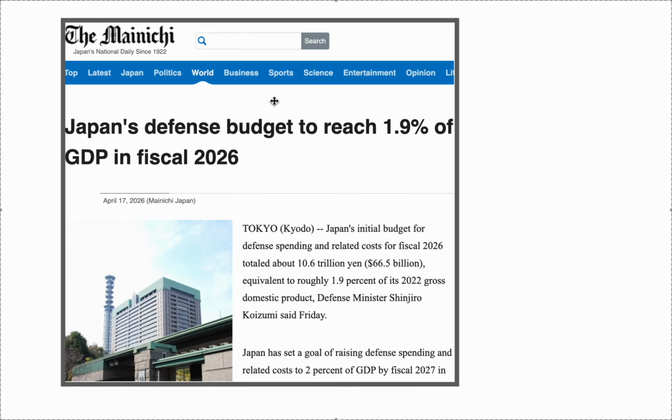Japan's defense budget is set to reach 1.9% of GDP in this fiscal year. It used to be around 1%, I believe, or 1 point something. It was never like 2% or 1.9%.